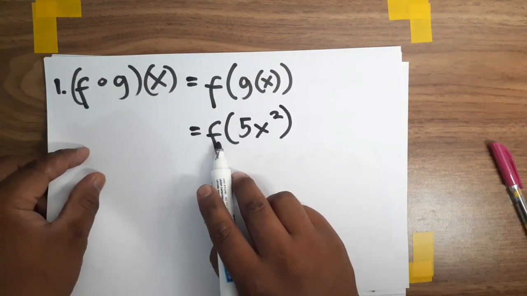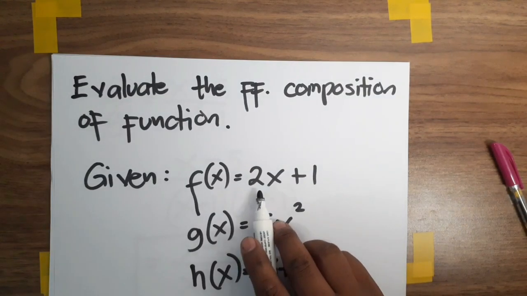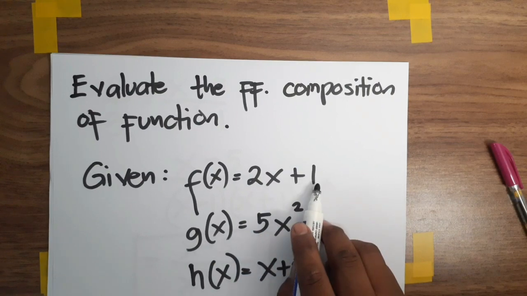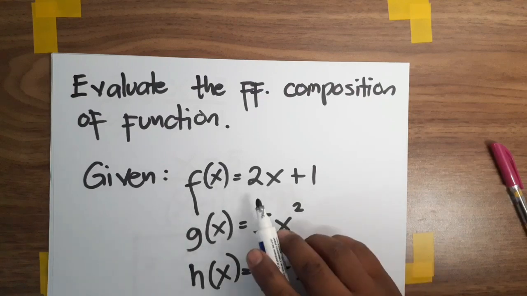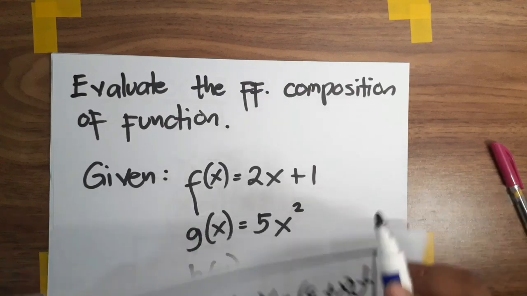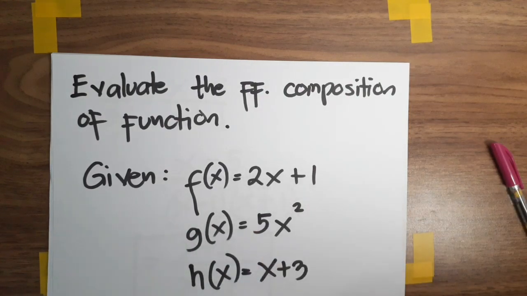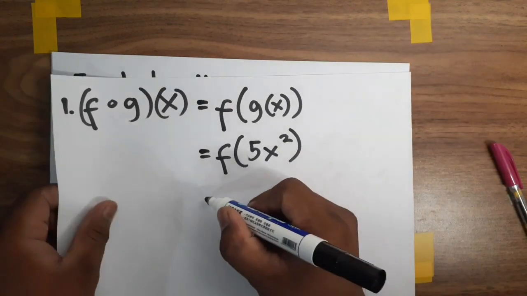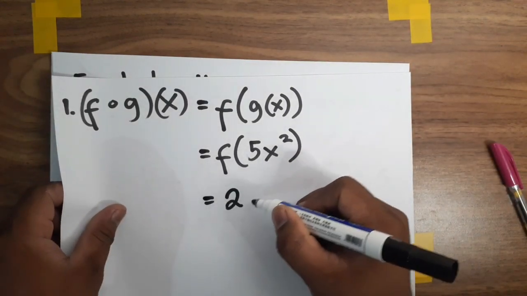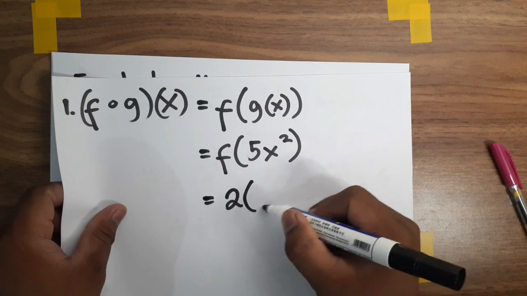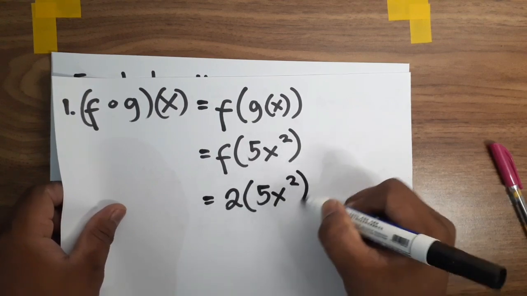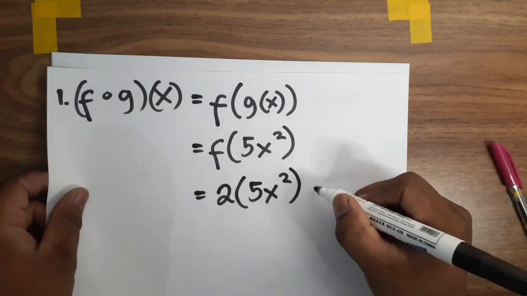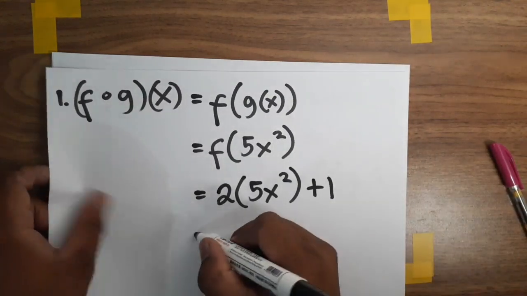So this time, what is your f? Remember, your f is 2x plus 1. Okay, so your f is 2x plus 1. So tanan x, ilisan nimo og 5x squared. So you have 5x squared then plus 1.